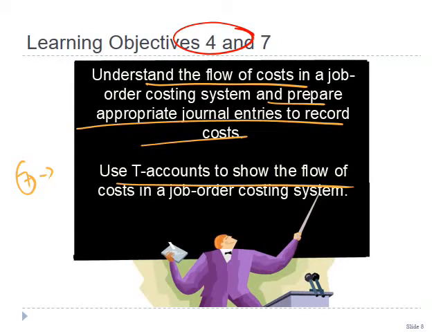The objective here is to understand how the cost flows from one account to another account. If you do not understand the logic of debit and credit there, then don't worry about it here, you will learn it in your principles of accounting subject. So let's move forward.